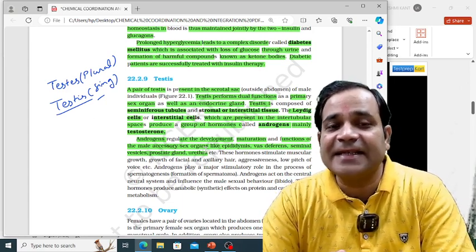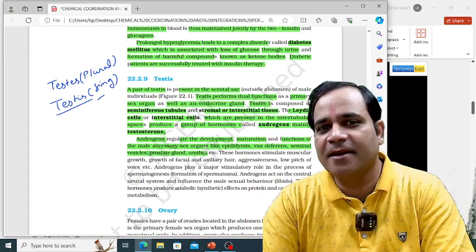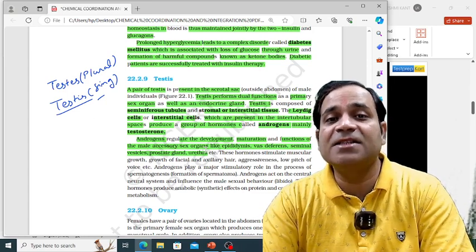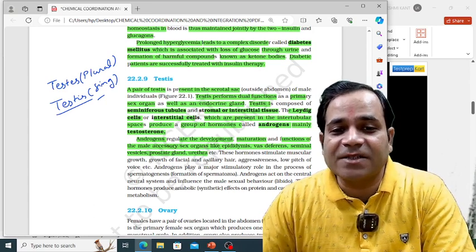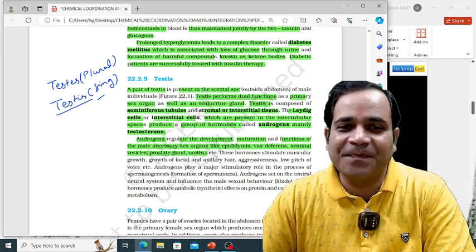The seminal vesicles are paired glands. The prostate gland is single, found around the urethra. And last, the urethra.